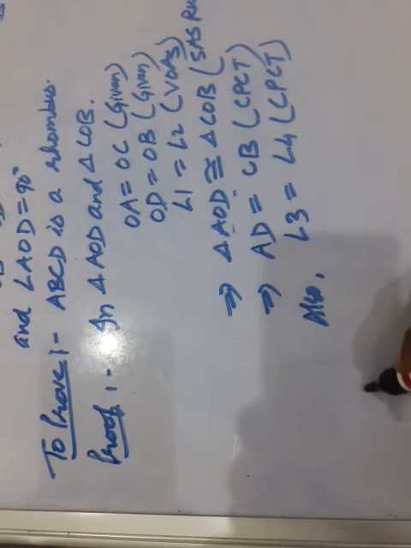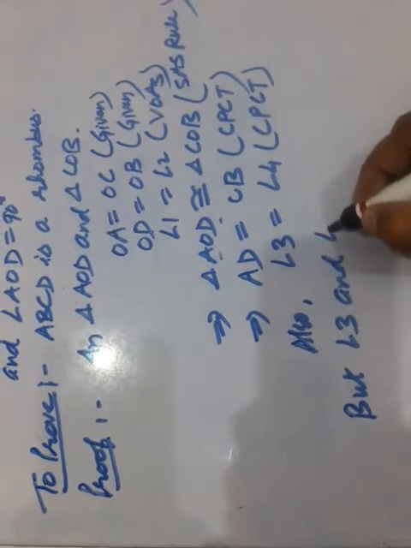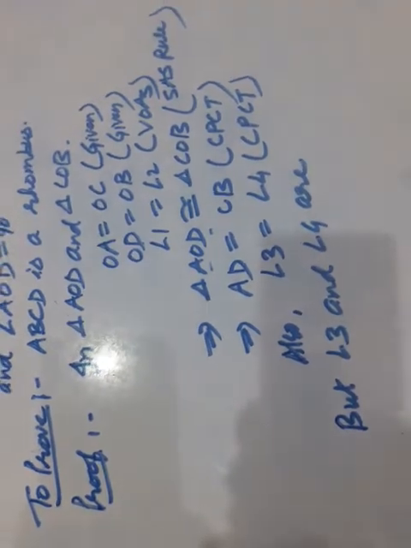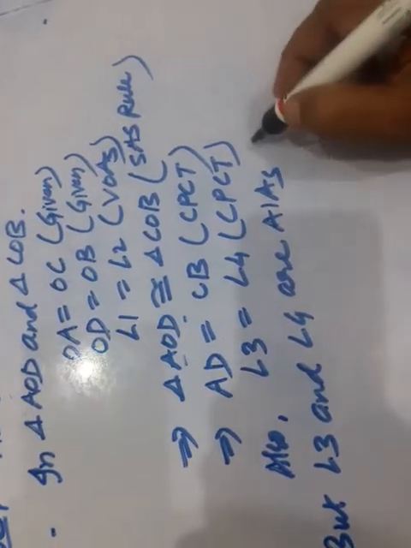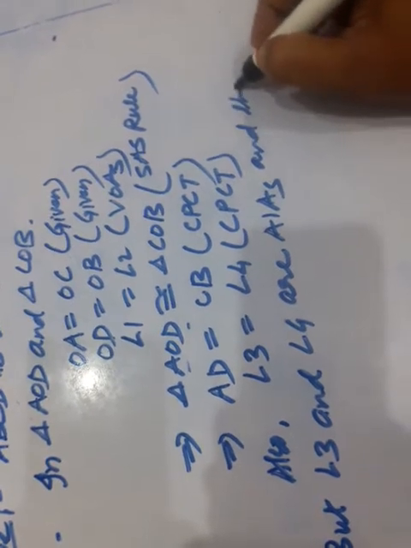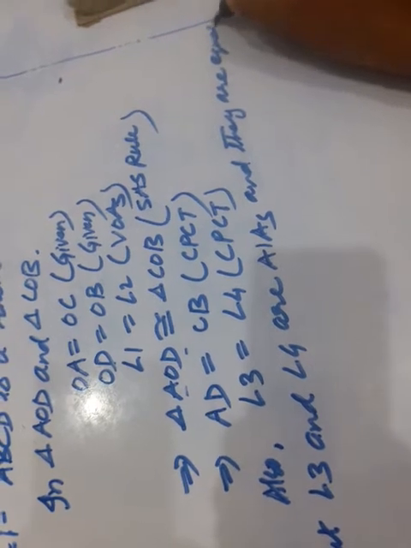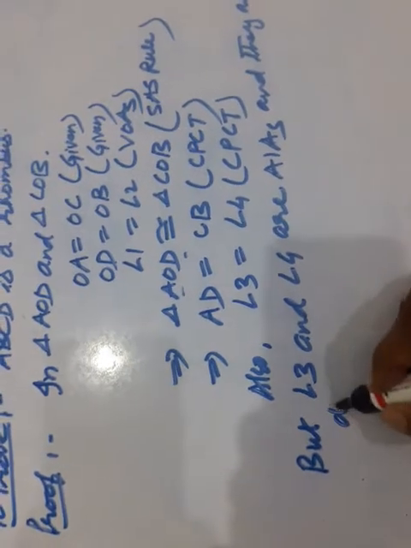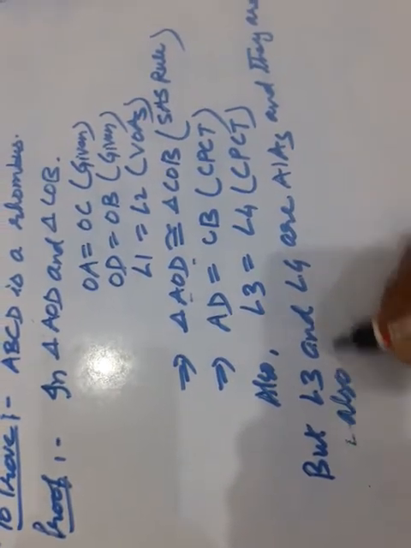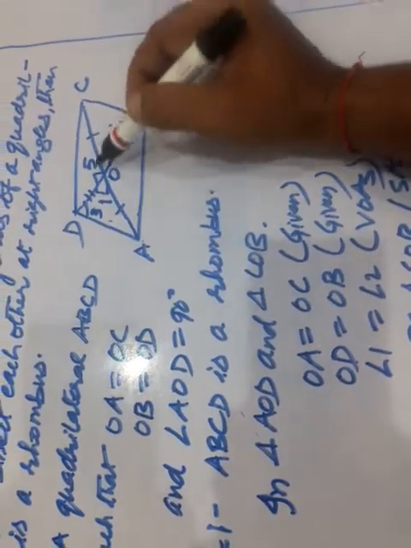Here you can write: but angle 3 and angle 4 are alternate interior angles, and they are equal also.